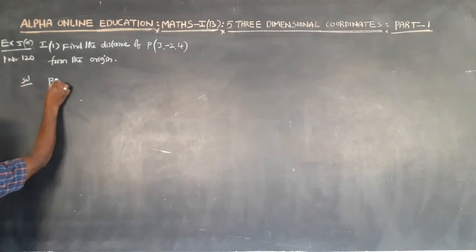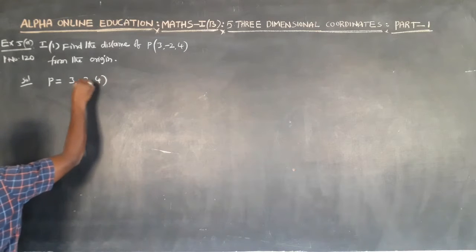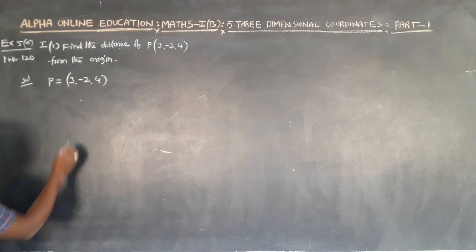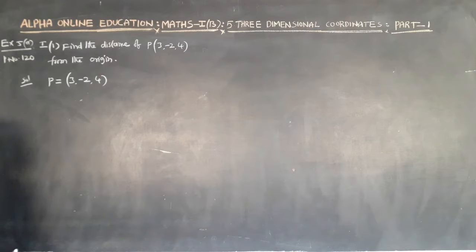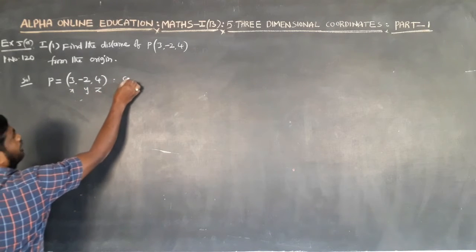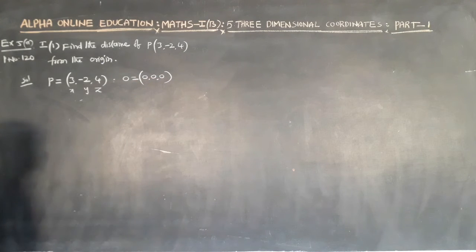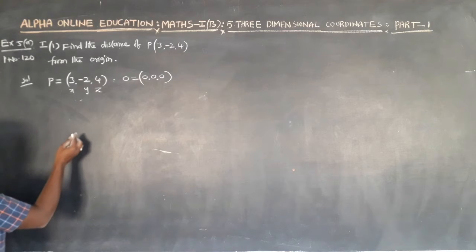Here given point P is 3, minus 2, 4. Let P be the point x, y, z and the origin 0, 0, 0.